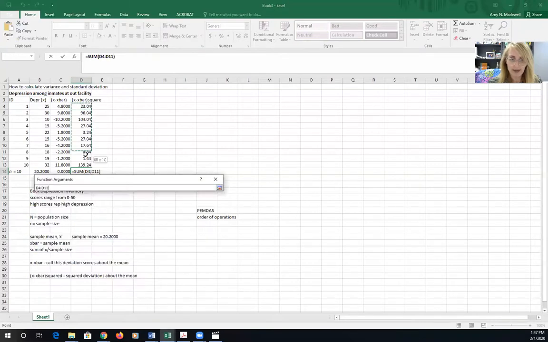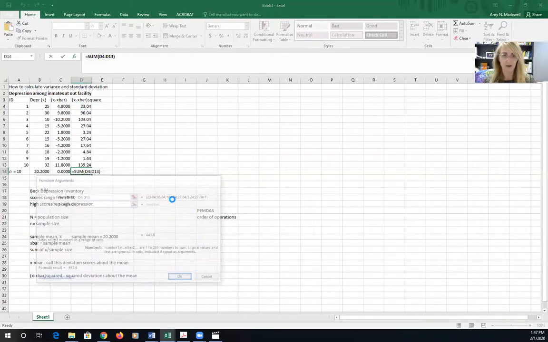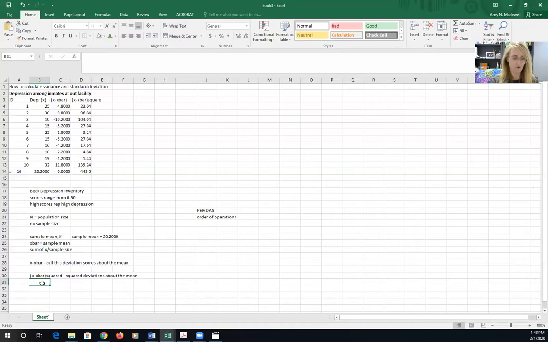So we pick our values, and now we have our sum of squared deviations about the mean, or sum of squares, or SS, which is the numerator for our variance and standard deviation formulas.